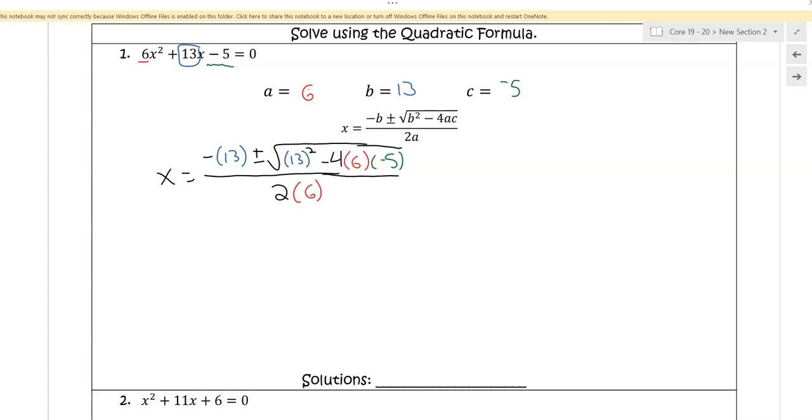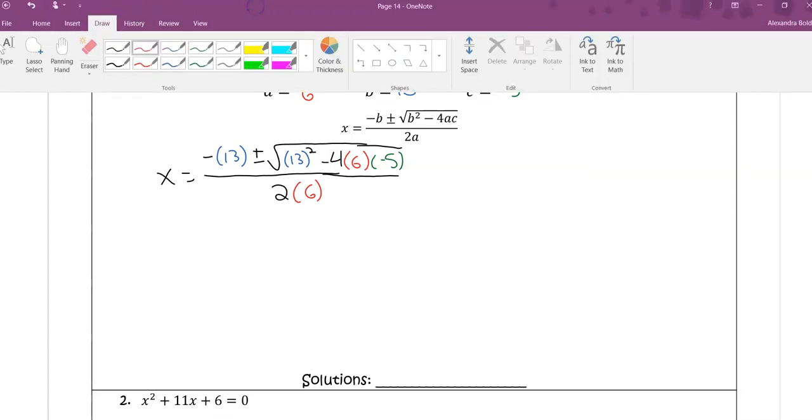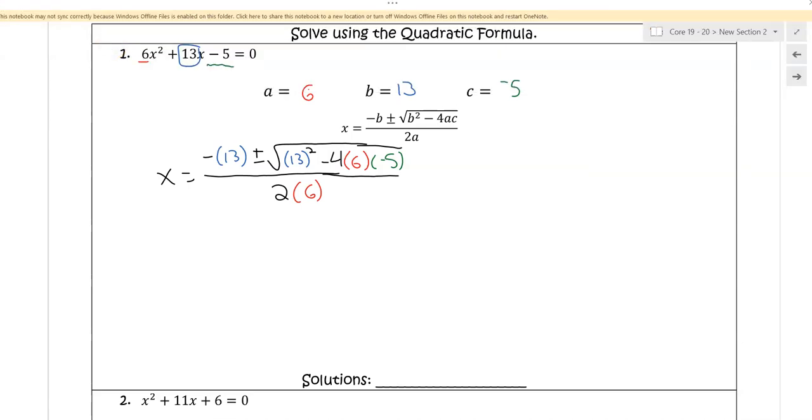So we have -13 plus or minus the square root of 13 squared minus 4 times 6 times -5.